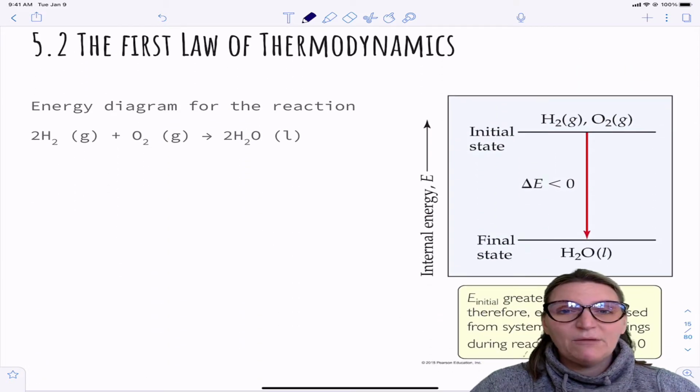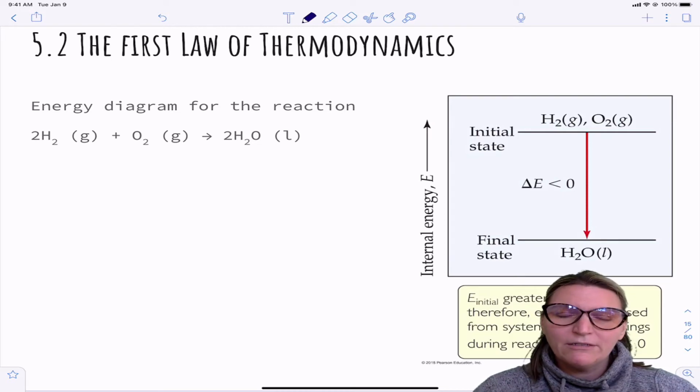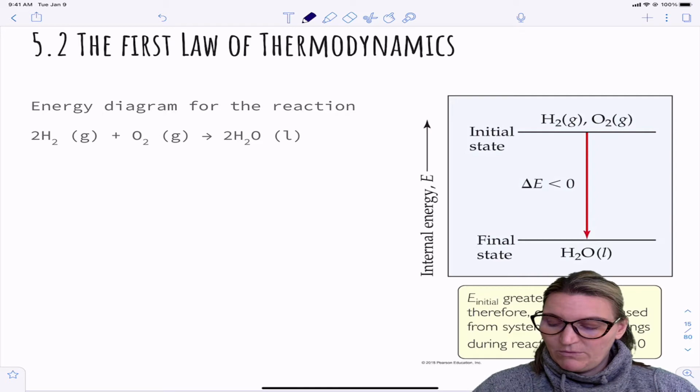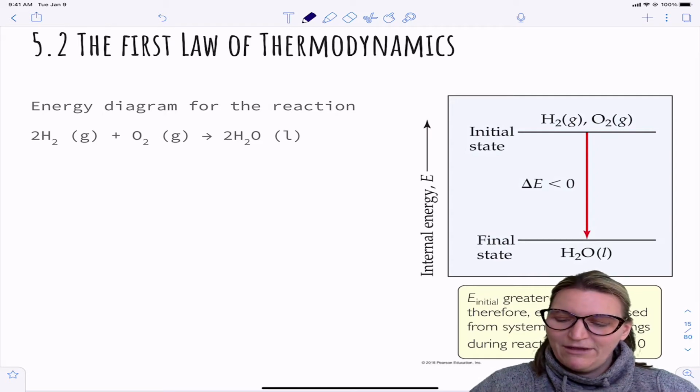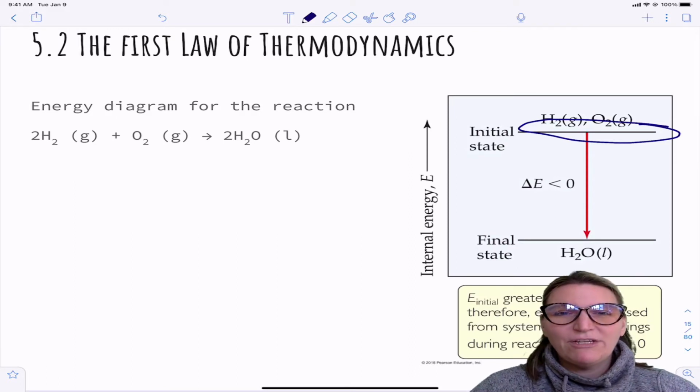This is just that same concept, except a specific example. The specific example here is with the combustion of hydrogen gas and oxygen gas to produce liquid water. This reaction is what we call exothermic, and you can see here that the reactants have a higher amount of internal energy, mostly potential energy.